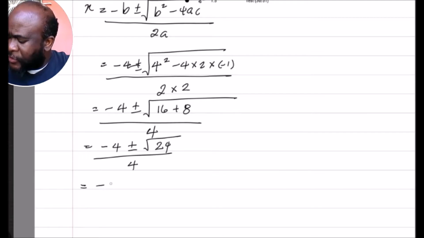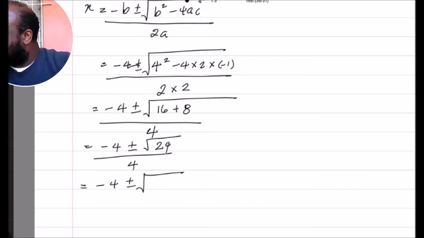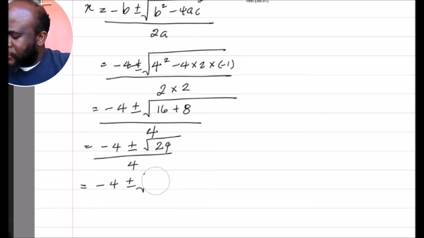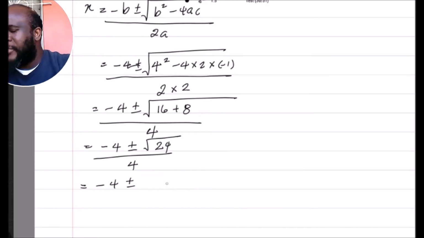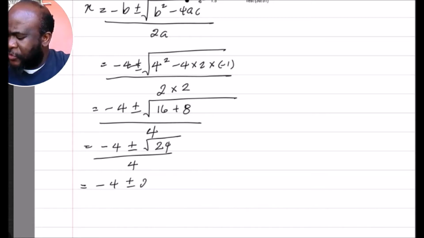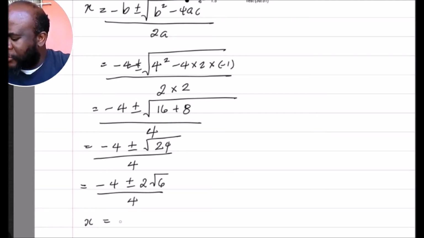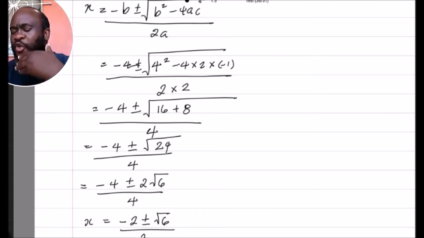Let's change this up a bit. 24 is 4 times 6, so it is plus or minus 2 the square root of 6 all over 4. So x would be equal to minus 2 plus or minus the root of 6 divided by 2. Essentially all I did was divide the numerator and denominator by 2.